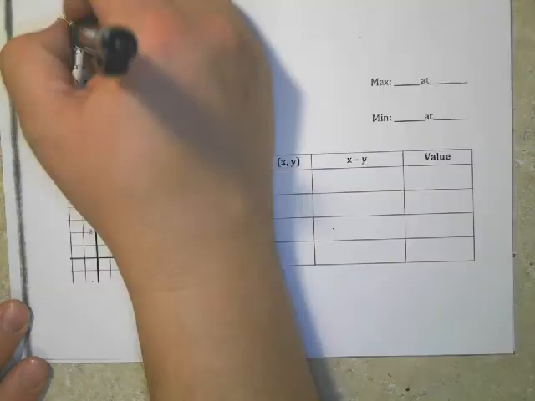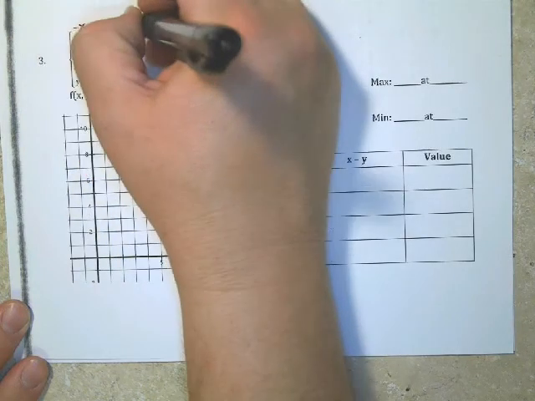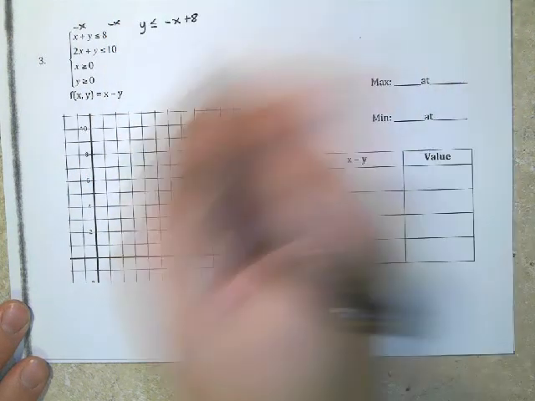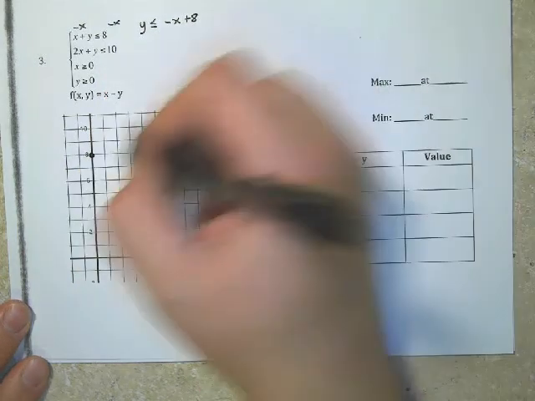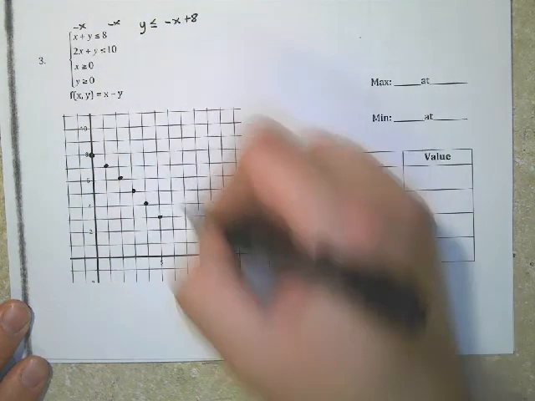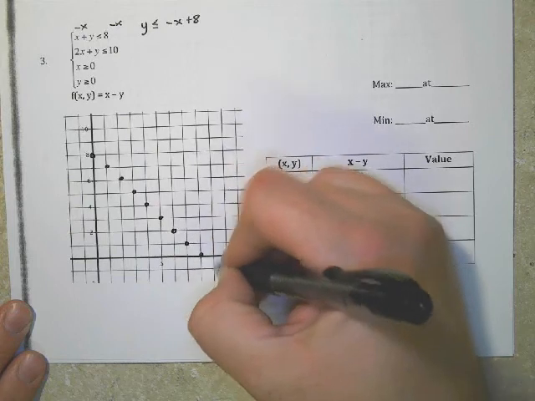last example. Okay, so we've got 4 inequalities again. We need them in slope-intercept form, so y is less than or equal to negative x plus 8. So start at 8. Slope is negative 1, so down 1, right 1.